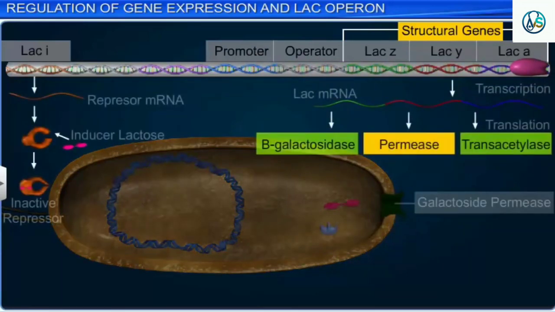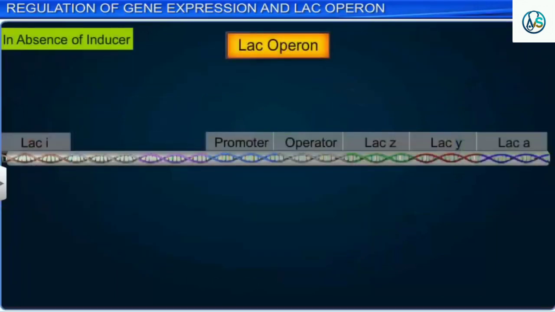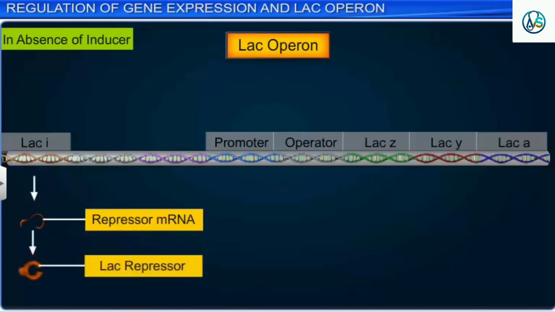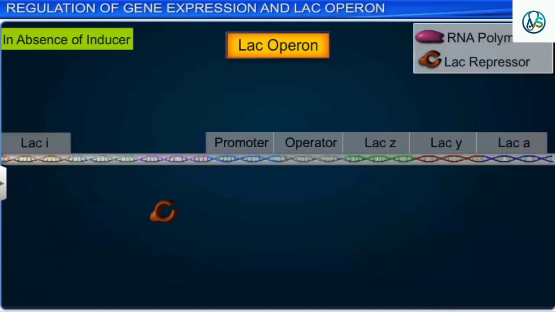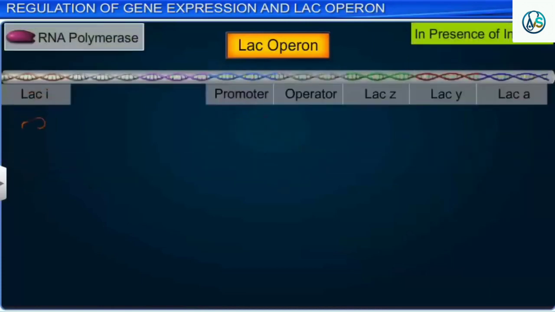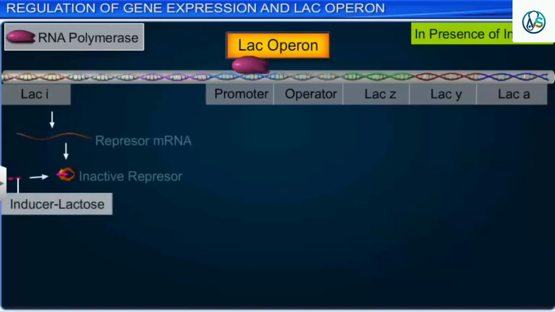The lac operon functions in the following manner. The repressor protein is continuously synthesized from the I gene. The repressor in its active state binds to the operator sequence, thus preventing RNA polymerase from binding to the promoter site and transcribing the operon. In the presence of the inducer lactose or allolactose, the repressor is inactivated and transcription proceeds.